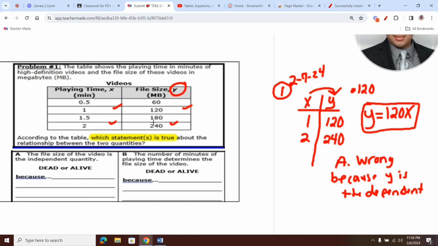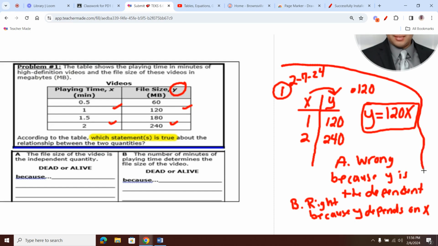Yes, because this depends on X. So letter B, this is correct, this is right, because Y depends on X. So then I'm done with question 1. You're gonna bubble all around on your journal.